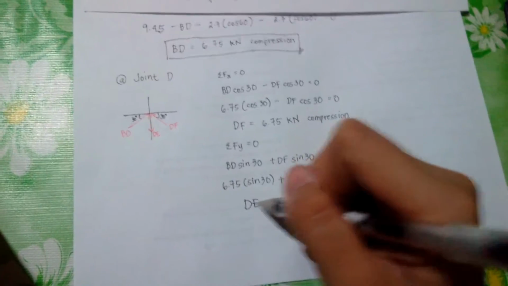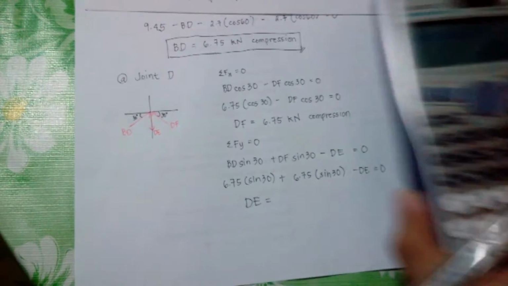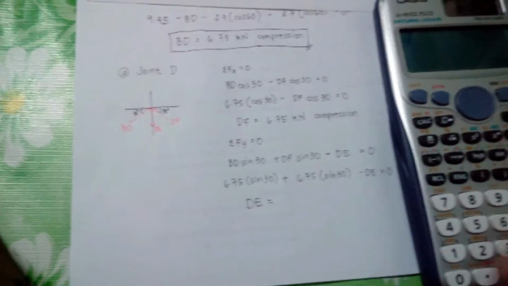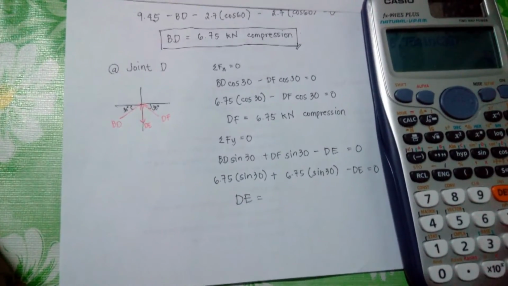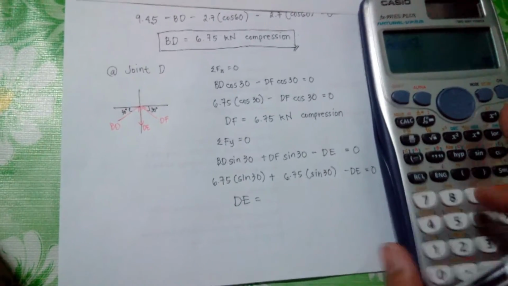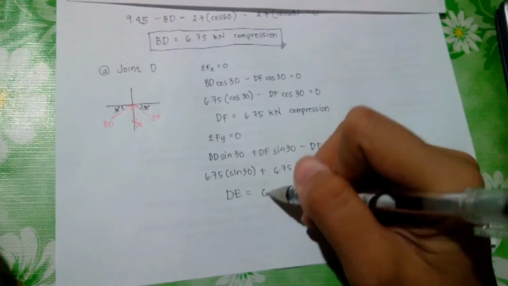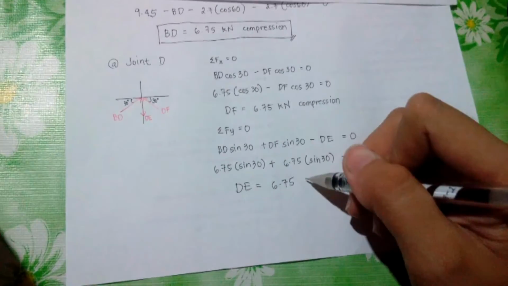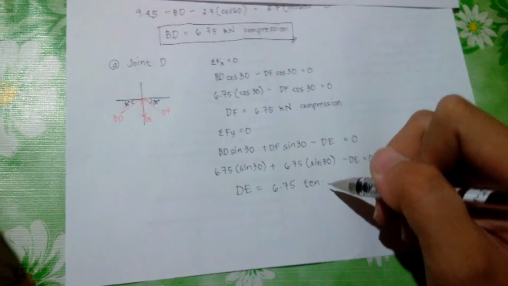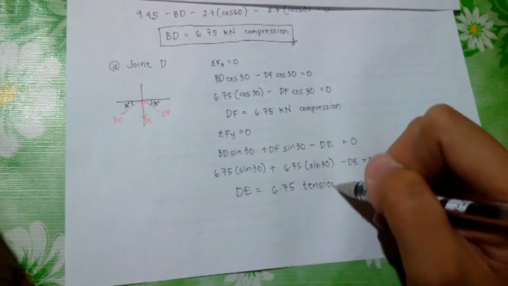So now the final value for DE is 6.75 positive. So since DE is assigned as a tension, this should be tension.